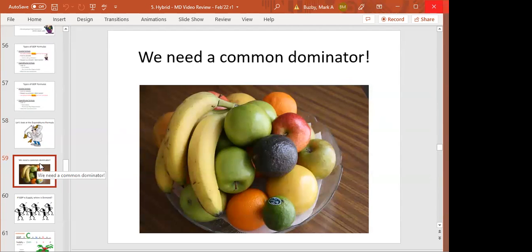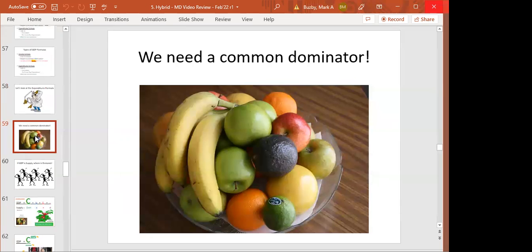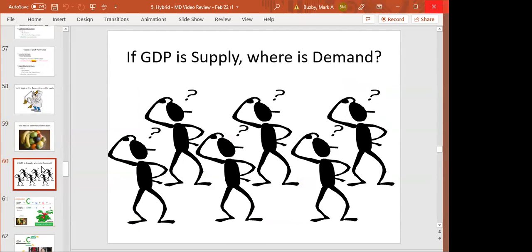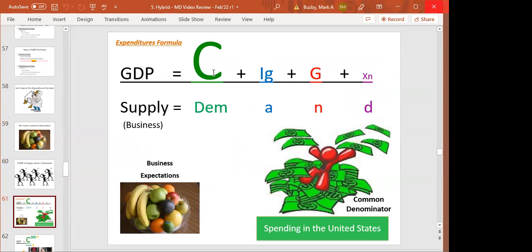When we talk about GDP, we need some kind of a common denominator that we're going into. So let's go back. Remember that GDP is supply. So that's the supply side, but where's the demand side? Well, that's the spending from households, business, government, and the rest of the world. So we have supply, we have demand, and the equal sign, that's equilibrium.